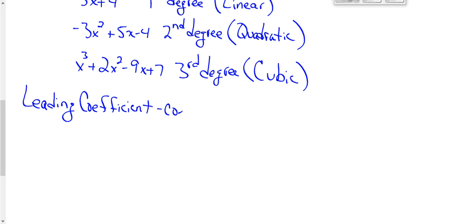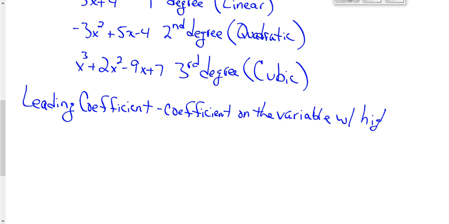The leading coefficient. Why would it be leading? Because when you write a polynomial in standard form, your first term is the term with the highest exponent, and so the number in front of it would be the leading one.